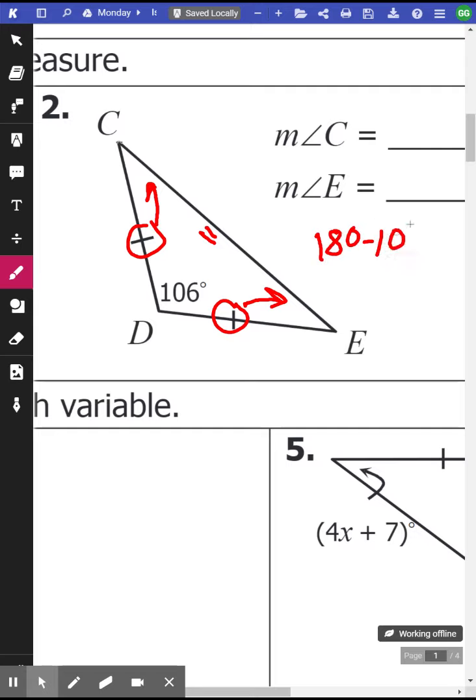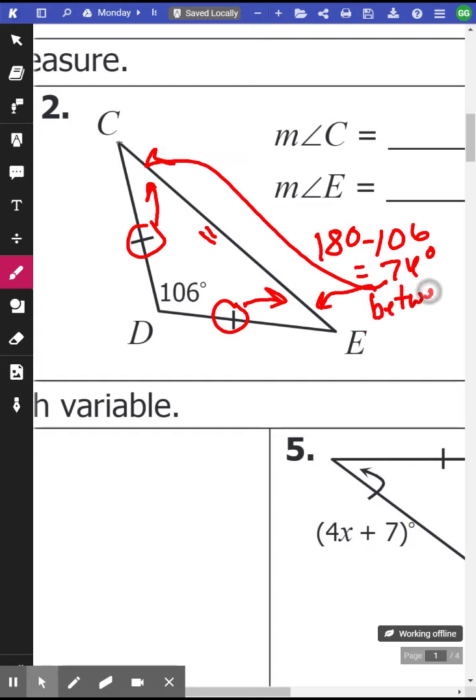If I take 106, okay, I'm left with 74 degrees between both.